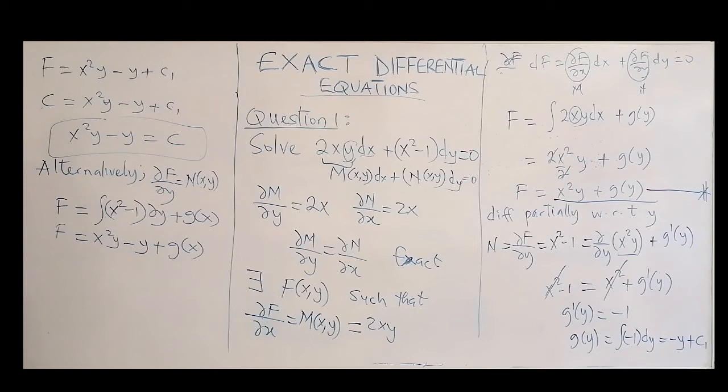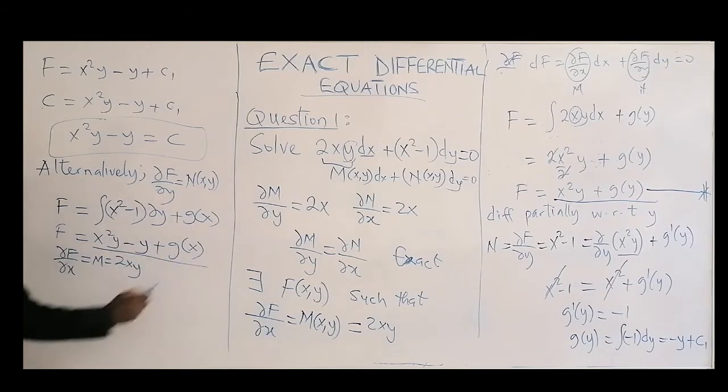Okay. Then the next thing to do, we want to get this g of x. Differentiate partially with respect to x. So we now have delta f, delta x, okay, which is equal to m, and your m has a value. Your m is 2xy. So now differentiate this one with respect to x.